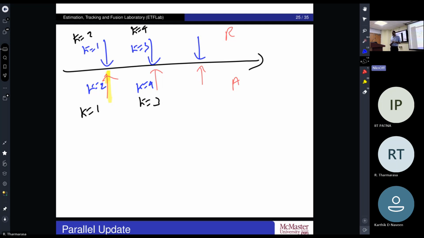Usually, even in my tracker, I don't make that decision. I just simply go with the first sensor. That may not be optimal, but that's okay, though a small error might be there.